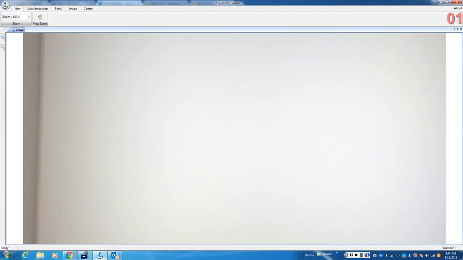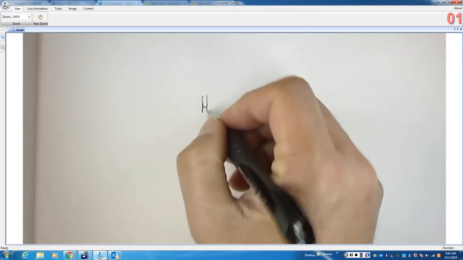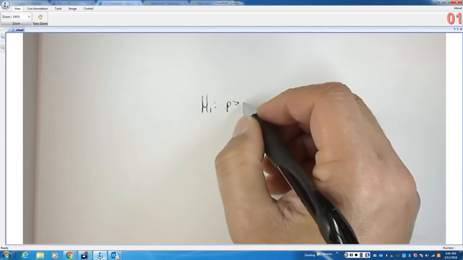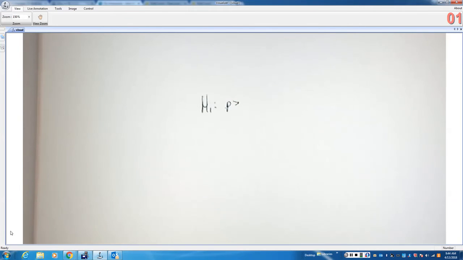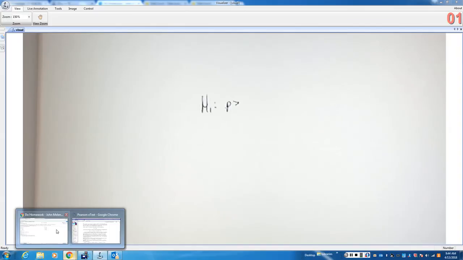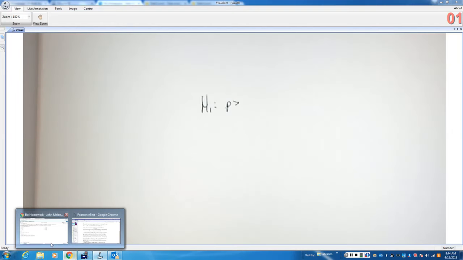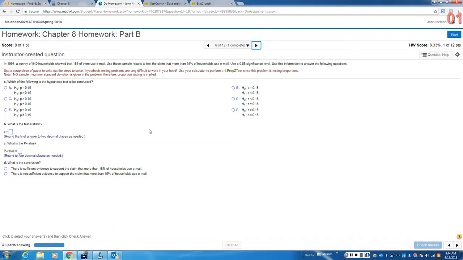So you have the H sub 1, the proportion is greater than, more than 15%, so it's more than 0.15.